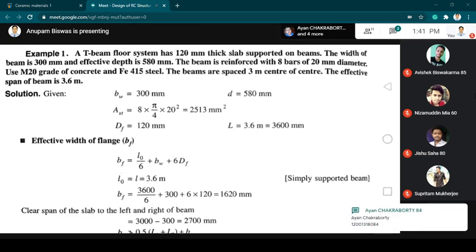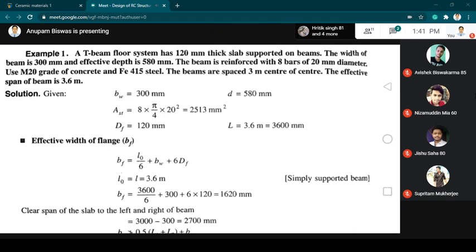For the simply supported condition of a T-beam, as we have seen in our previous class, the value of BF as per the IS code is L0 by 6 plus BW plus 6 DF.